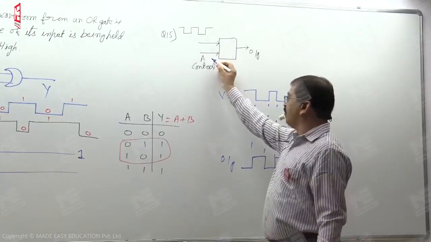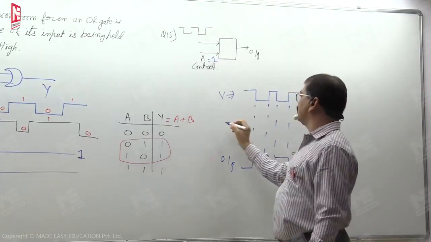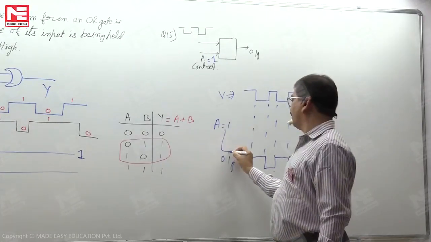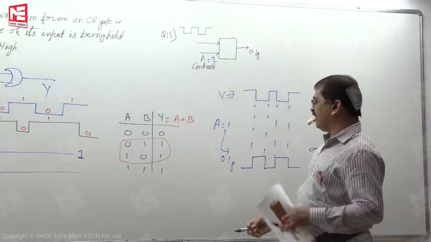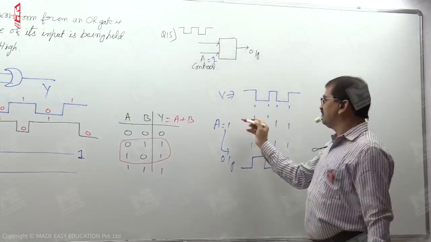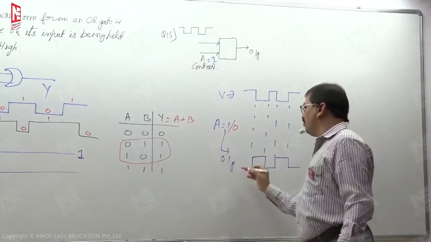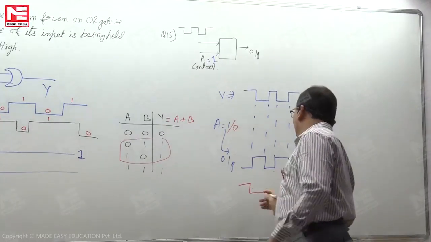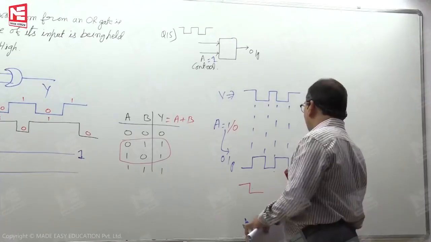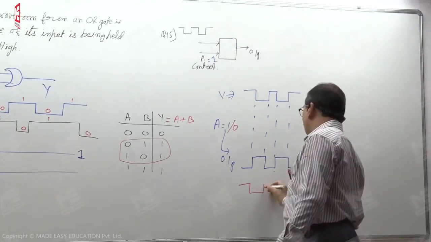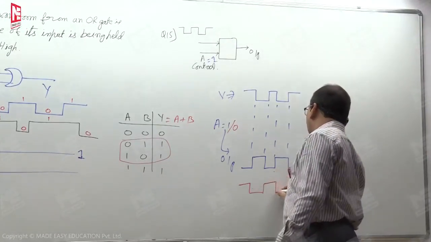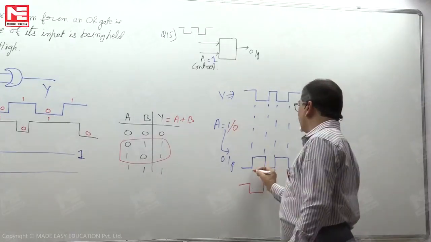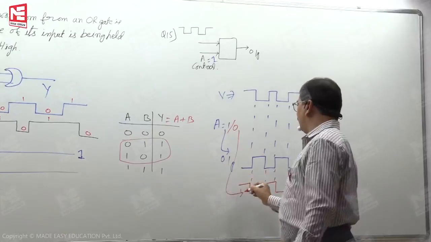So whenever the control input is 1, it is an inverted waveform. And when the control input is 0, the waveform is as it is. If that is the operation we have from this black box, the question is what logic circuit is in the black box, given this waveform.